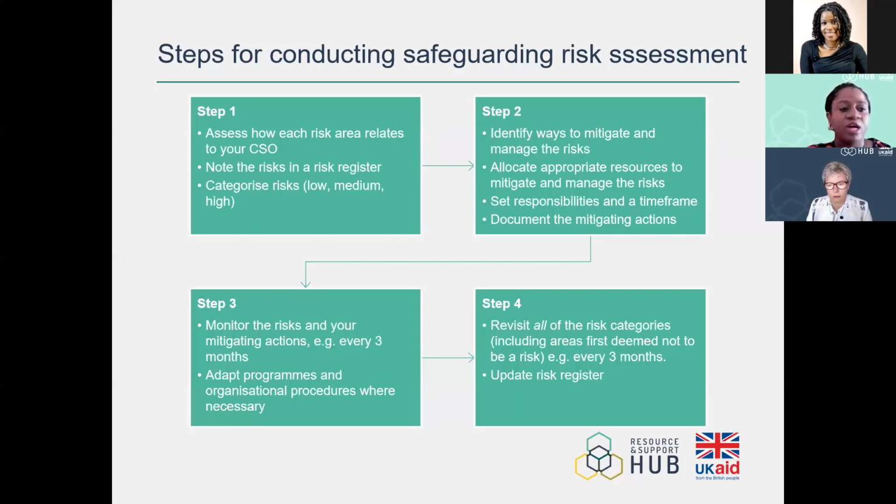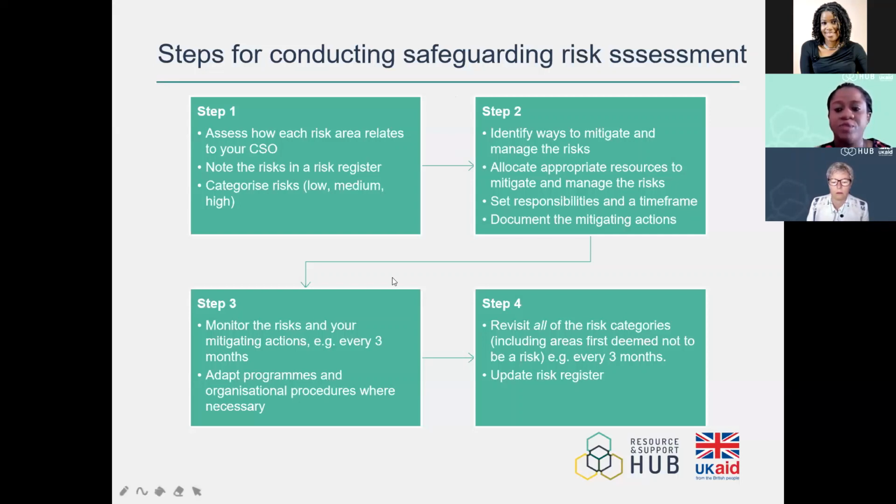You assess each risk area as it relates to your CSO and note the risk in a risk register. We have that risk register, a Word document that has all the risk categories identified. You note the risk in the register, and then you categorize the risk: is it low, is it medium, is it high?